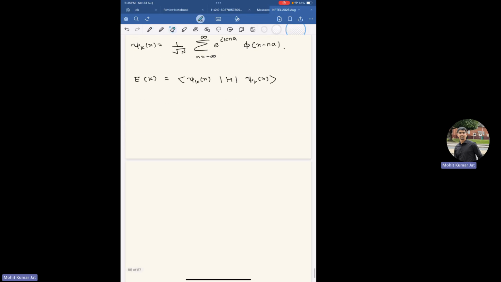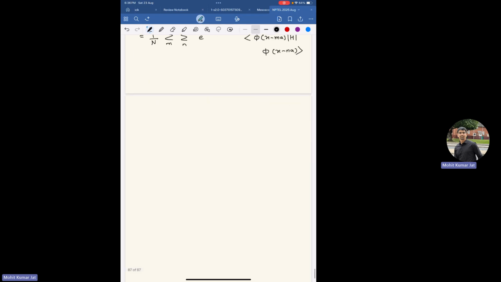If you substitute the values of psi k which we have derived above, what you will get is 1 by N, summation over m, summation over n, e to the power i k times (minus m plus n) a, and then phi of x minus ma, H, phi of x minus na, right?